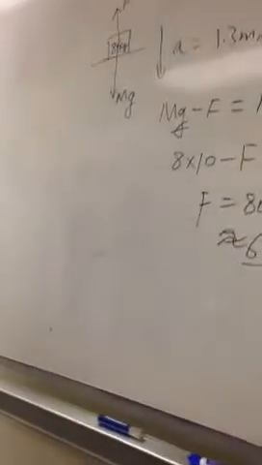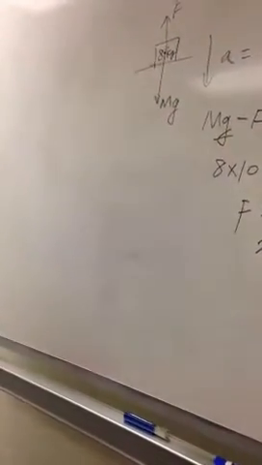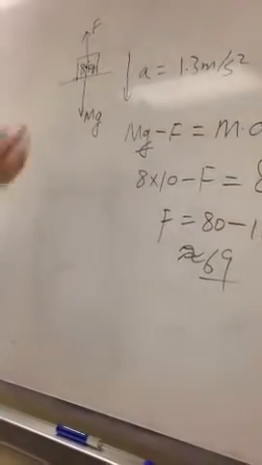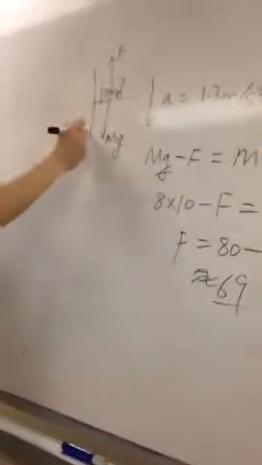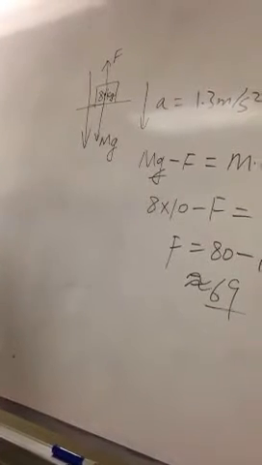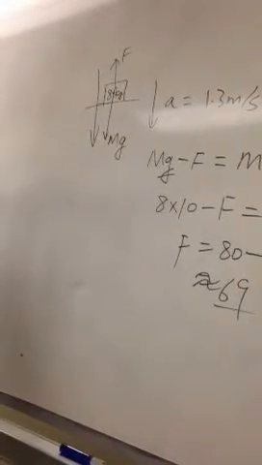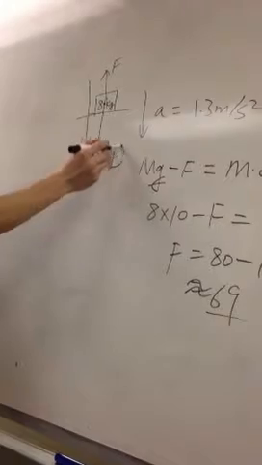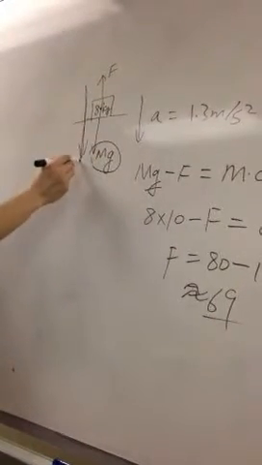Does it matter the arrangement you put mg minus Fn because you have rolled it F minus mg because mg is going down? Yeah, because we know the movement is this direction. So the mg would be negative, right? The movement is this direction.